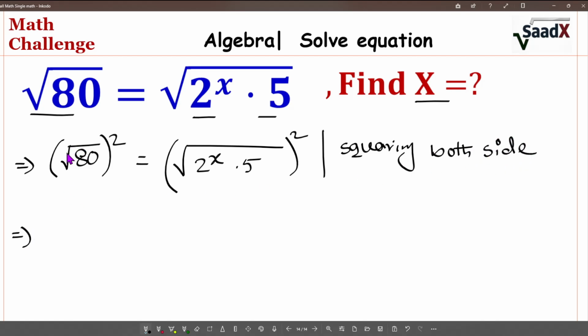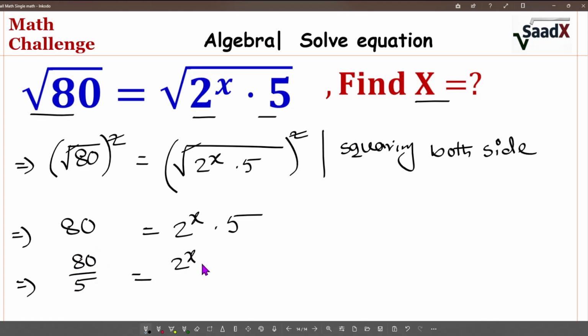So the root and square cancel, leaving only 80, and here it is similar, leaving 2 to the power x times 5. Now we can divide both sides by 5. So 80 divided by 5 equals 2 to the power x times 5 divided by 5. The 5 and 5 cancel, and 80 divided by 5 is 16.